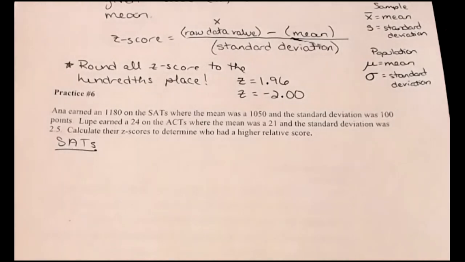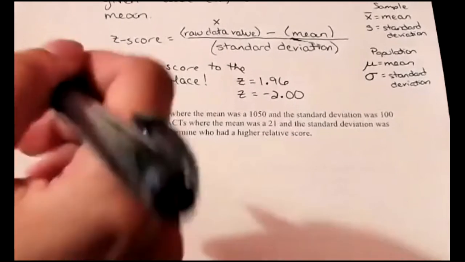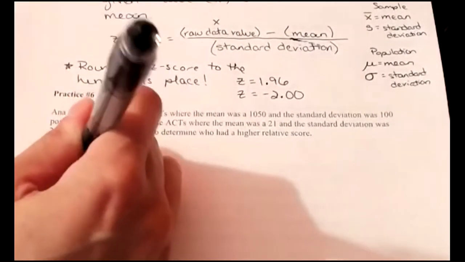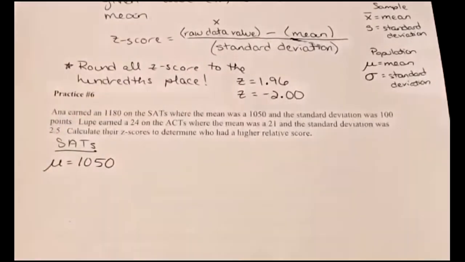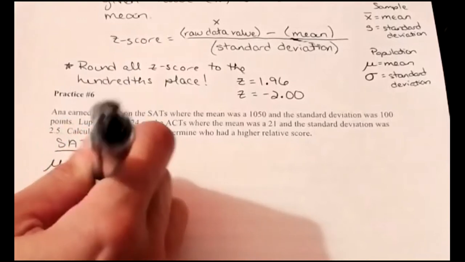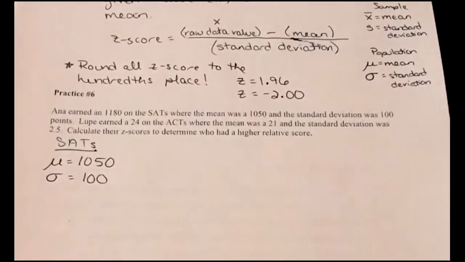Population. Yeah, for sure. Definitely population. So the mean was a 1050 and the standard deviation was 100 points. Good. So that's for the SATs. This is for the population of people who took the SATs.